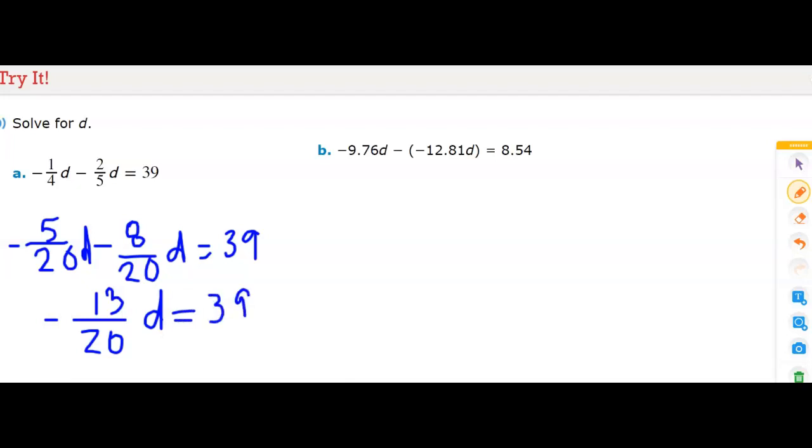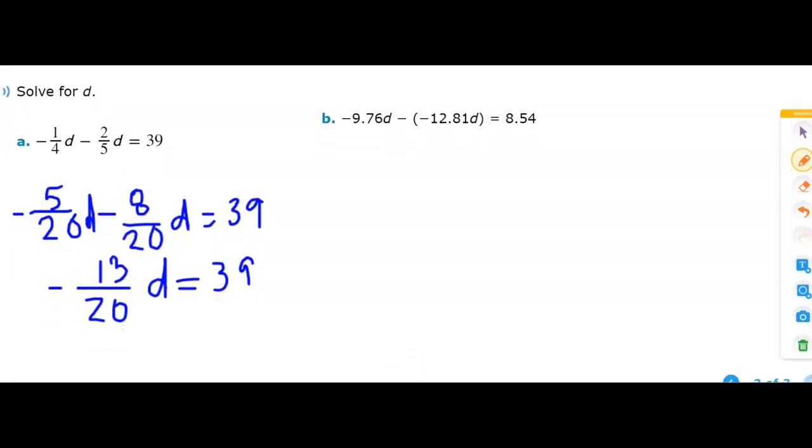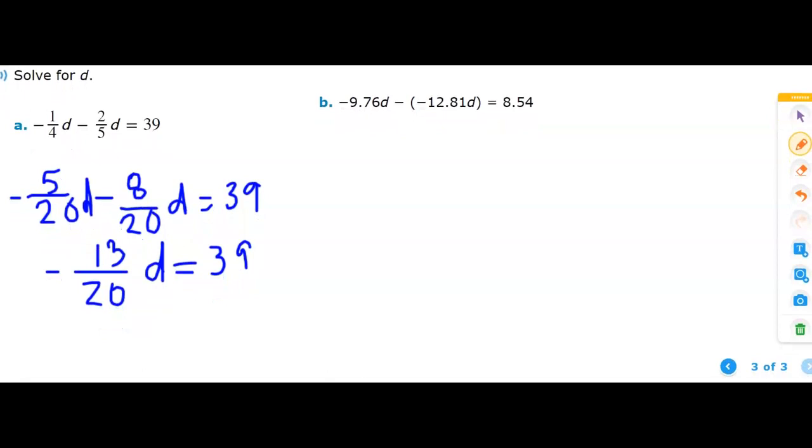And then now I am going to divide, because the inverse of multiplication is division. So I'm going to divide by the negative 13 over 20 on both sides of the equation.